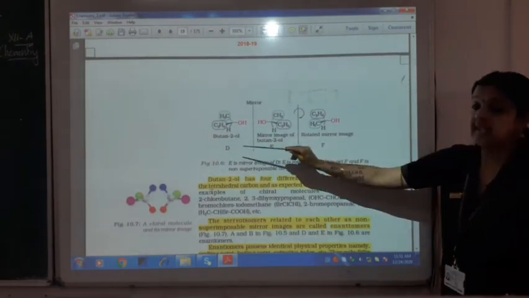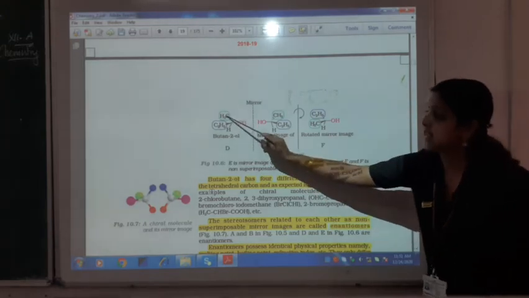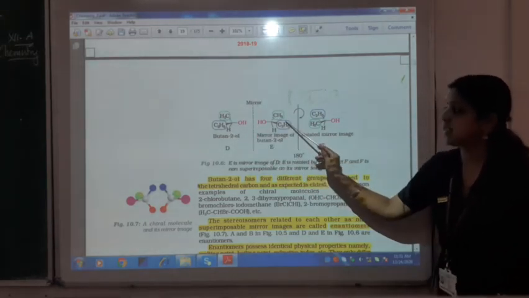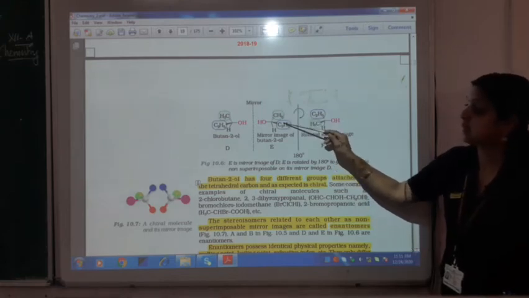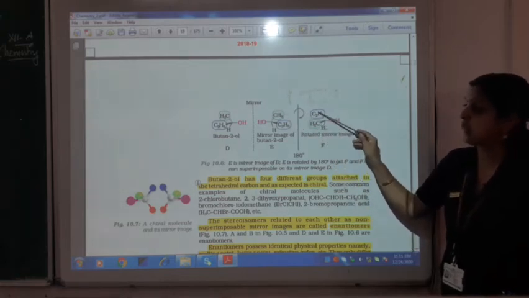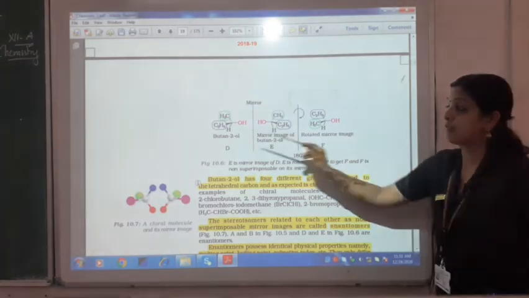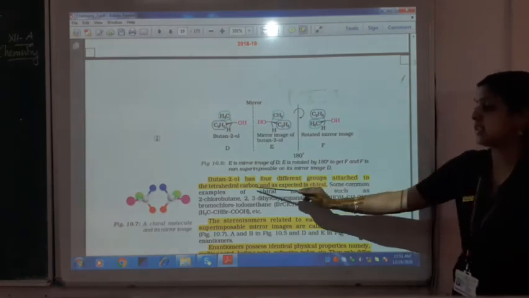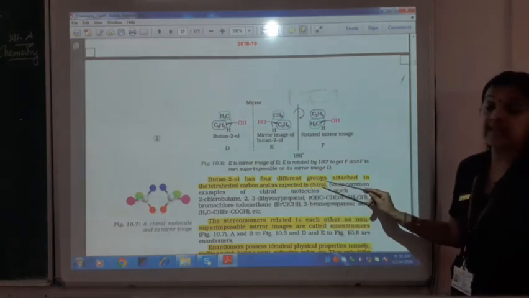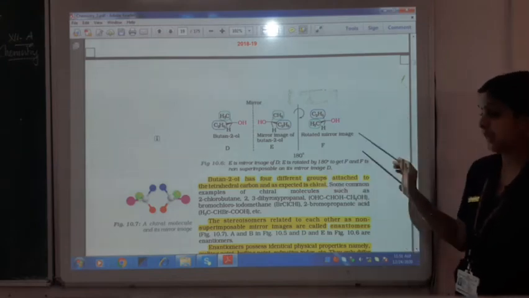Again, see, D is the mirror image of butan-2-ol, CH3, C2H5, H, which has come on the opposite side, but when I rotate, what happens? Only these groups actually go differently. So, none of them are superimposable. So, butan-2-ol is a perfect example where it is a chiral carbon, and this shows optical isomerism very effectively.